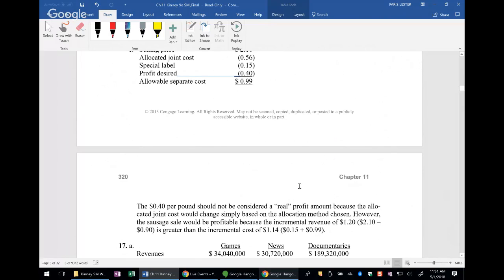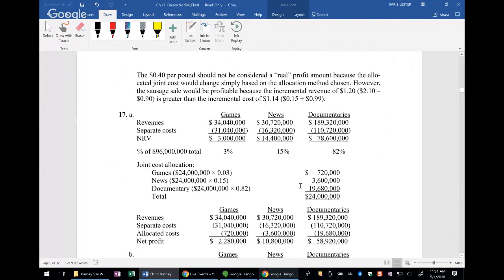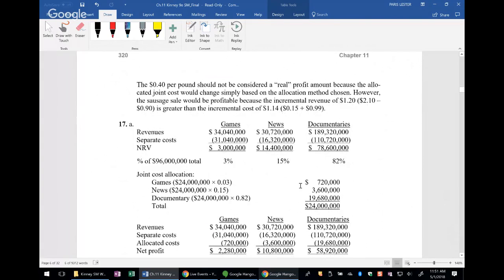So let's look at A part. All right, we'll look at this approach. Revenue and separate costs. Think of that as gross profit. Now if you add up this net realized value, somebody add these three together, 3 million, 14 million, 78 million.